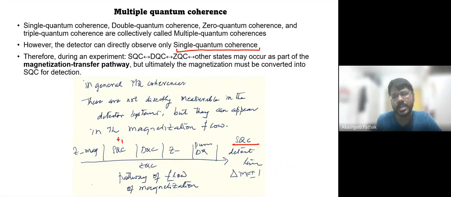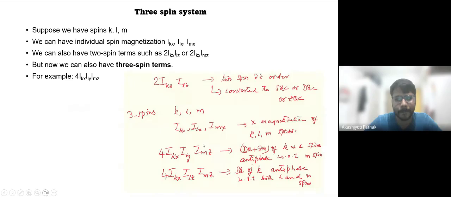So the important point is that these multiple coherences, like zero quantum coherence, DQC, and triple quantum coherence, are not directly measurable in the detector system, but they can appear in the magnetization flow. They have to be converted into single quantum coherences for the signal to be detected. Okay.